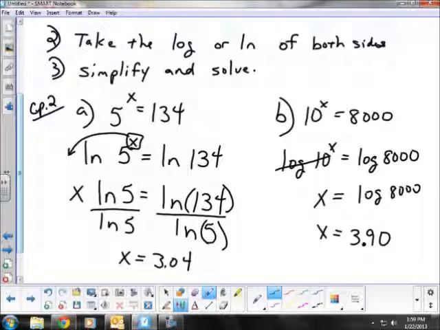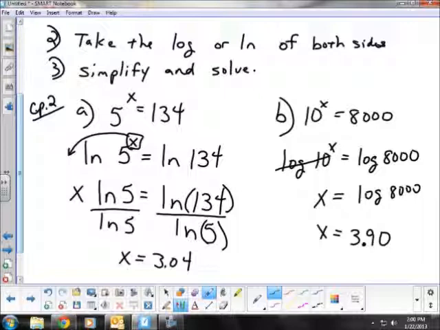Any questions about how to do that? If you'd used the ln on this and hadn't noticed that the log and 10 would cancel each other out, you'd have had the ln of 8,000 divided by the ln of 10. And look and see what that gives you. Same answer.